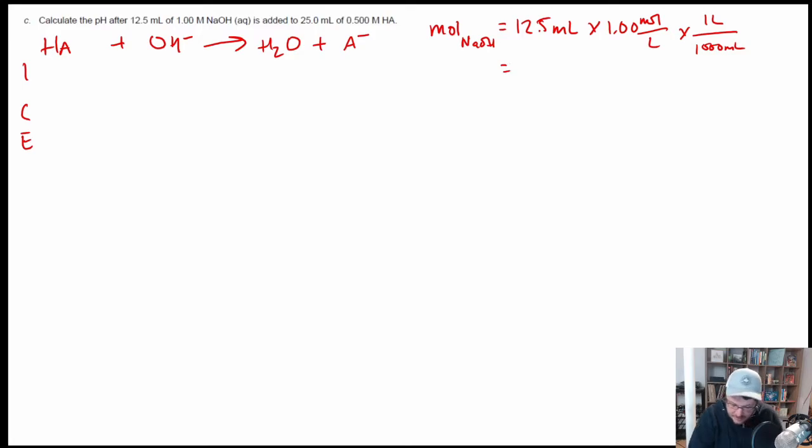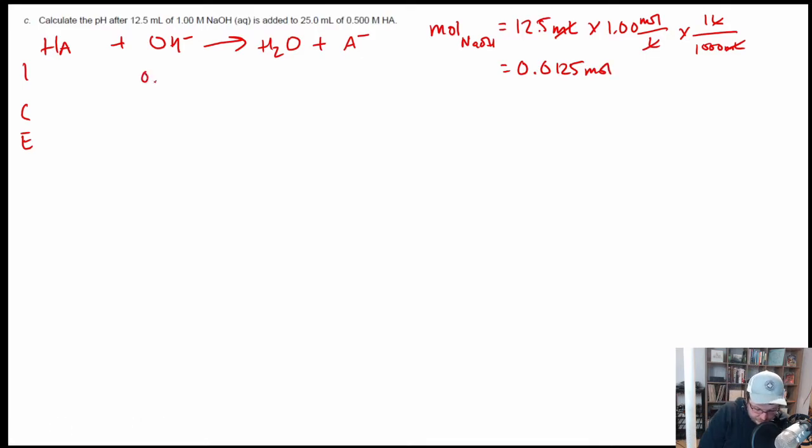That comes out to 12.5 times 1 divided by 1,000. Because the liters and milliliters cancel, we end up only with moles, which is 0.0125 moles. So that's how much NaOH we have.